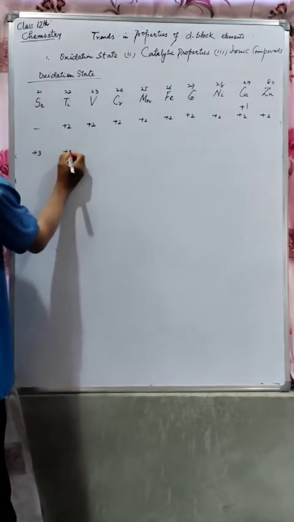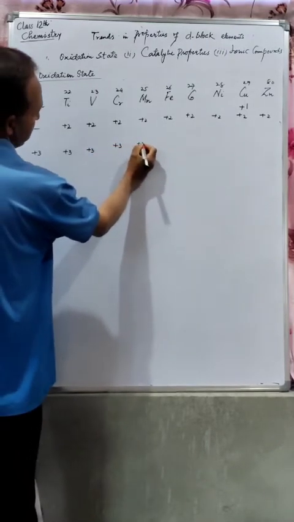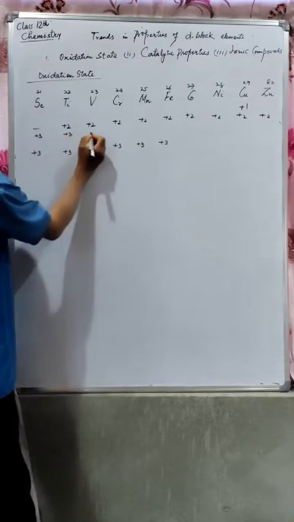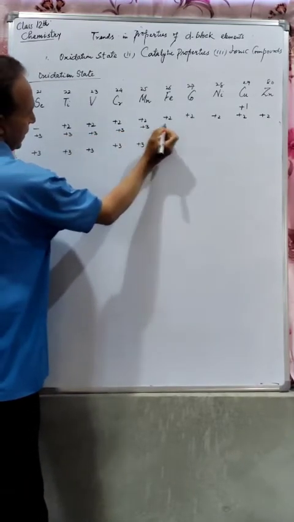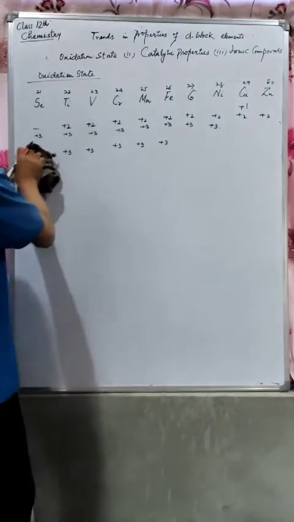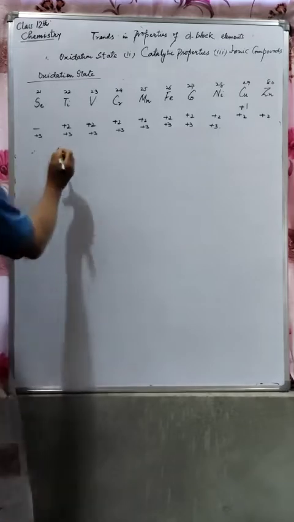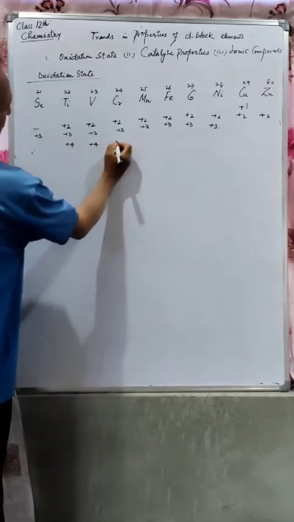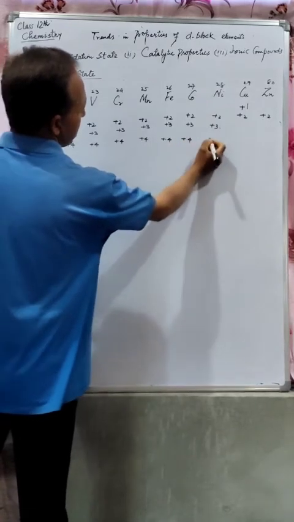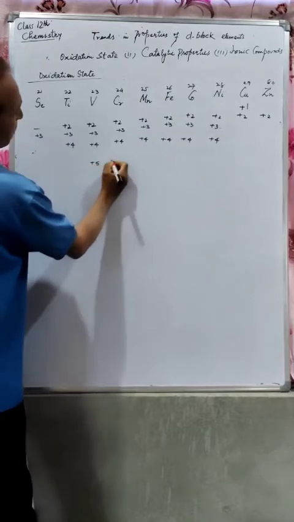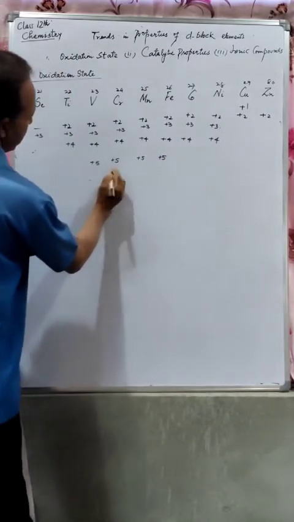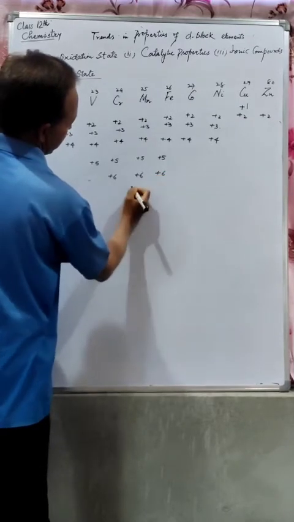Then we have +3, again +4, then +5, +6, and +7.